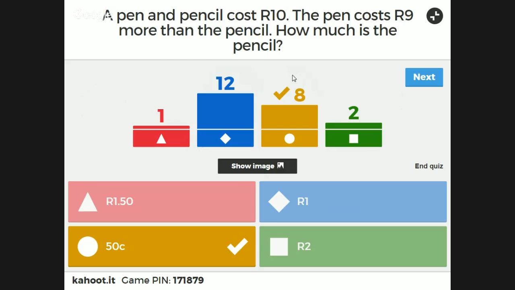So if the pencil is 1 rand, the pen costs 9 rand more, which is 10 rand, and together that makes 11 rand. If the pencil costs 50 cents, then the pen is 9 rand 50, and 9 rand 50 and 50 cents make 10 rand. I told you it wasn't going to stay easy.